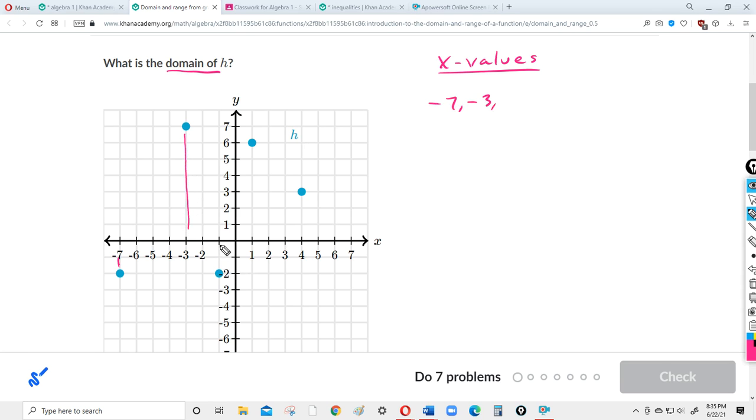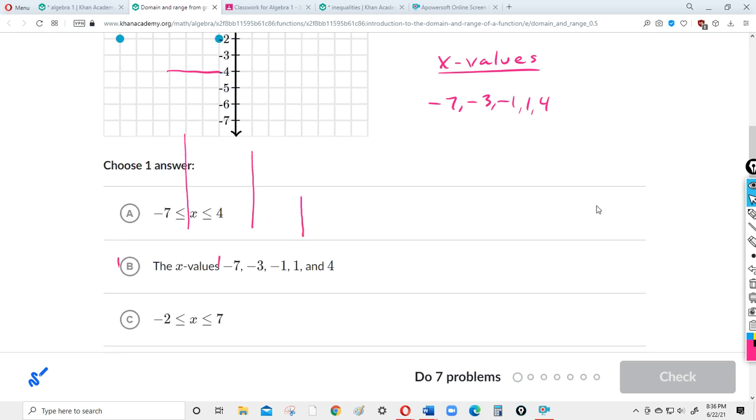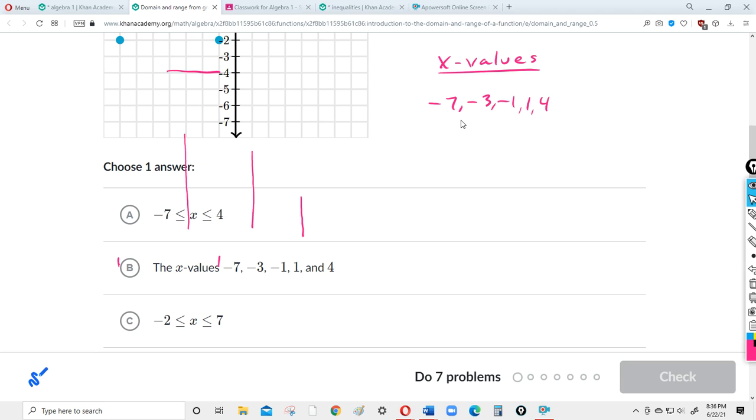Next one is this one right here. The number's not there, but it's -1. Then we have +1. And we have +4. Notice I traced each dot to the x-axis because we're dealing with domain, so we want the x values. -7, -3, -1, 1, and 4. That's answer B.